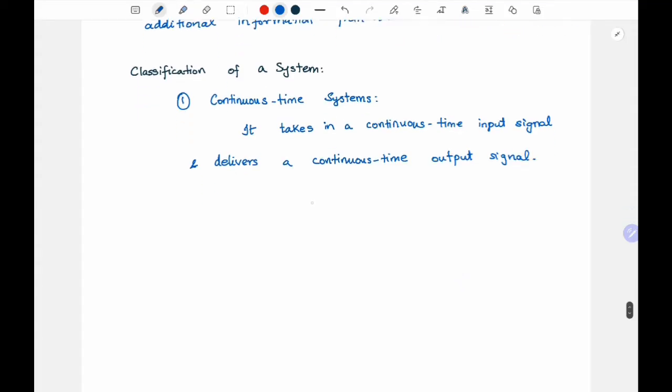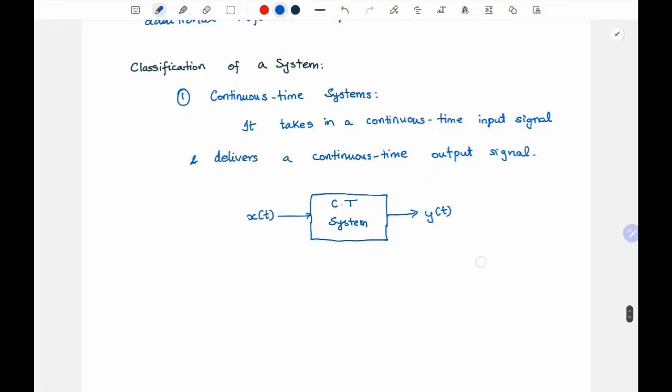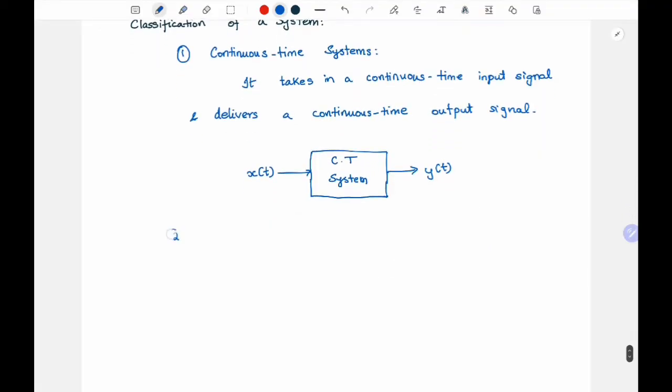So this can be represented using a block diagram like this. So this is the system, let's say continuous time system, and it takes in a continuous time signal and gives out a continuous time output signal. So it does some processing inside. So the second class of systems is called discrete time systems.